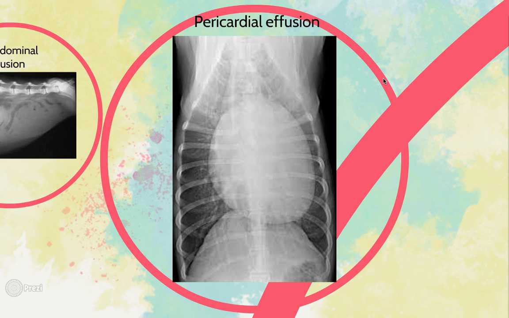That's because the layer between the pericardium and the myocardium normally has a small amount of fluid within it. That's normal. That allows for lubrication while the heart's expanding and contracting. Pericardial effusion happens when there is an increase in fluid in that pericardial space.